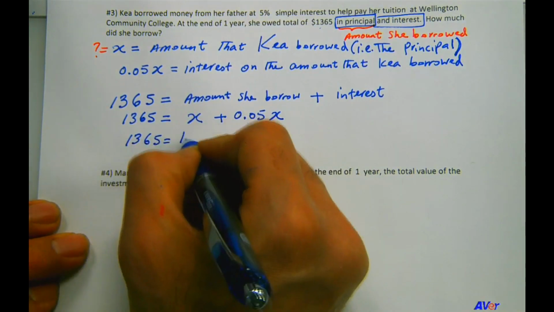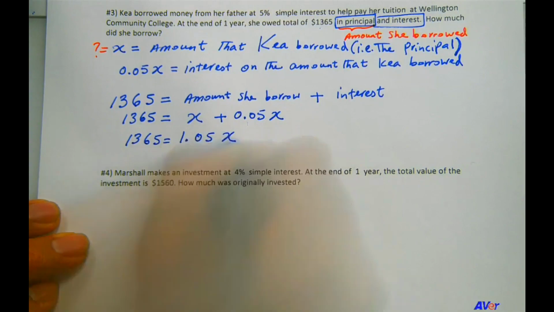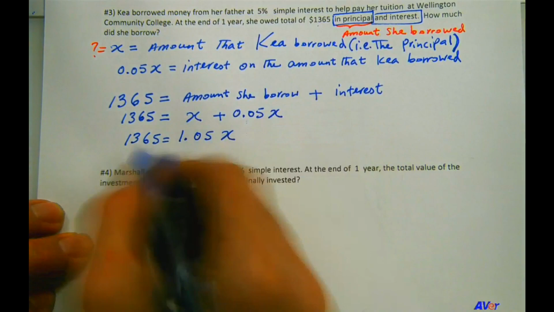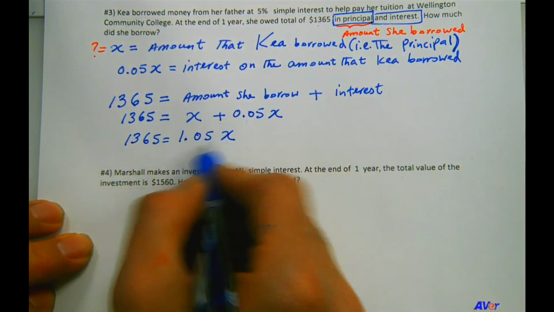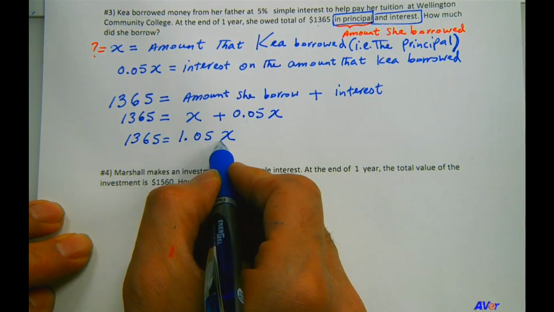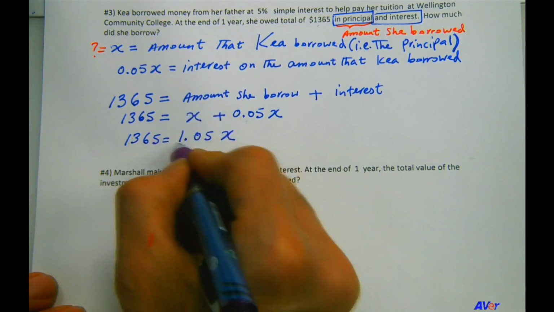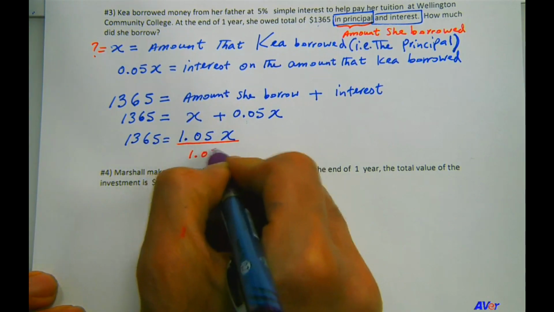1,365 equals 1.05x. So we're solving for x. That means we need to isolate x. What is preventing x from being isolated? This 1.05, right? So divide both sides by 1.05.